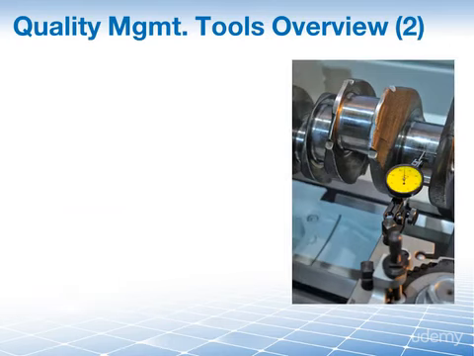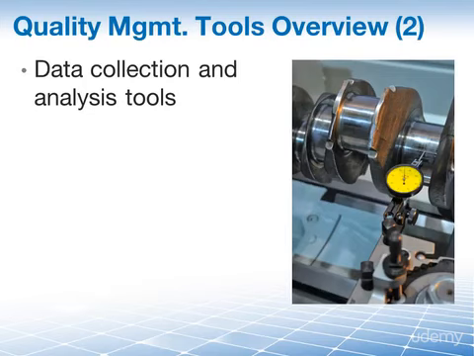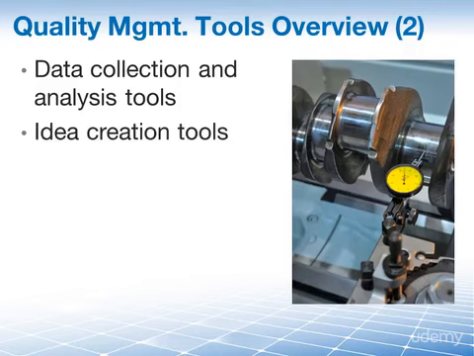Next we have data collection and analysis tools. These facilitate collecting the data you need and what you should do with the data once it is collected. We have idea creation tools. These show you ways to stimulate group creativity and organize the ideas that come from it.